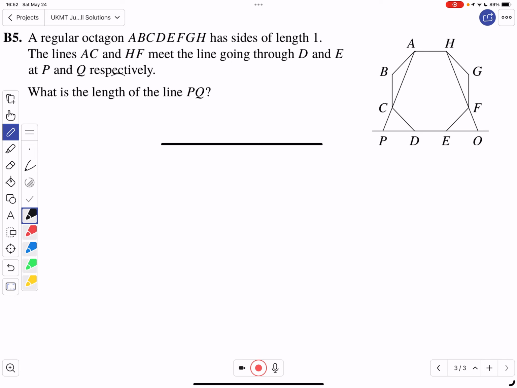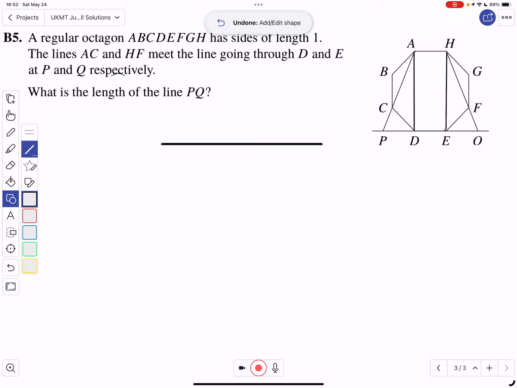Let's get started. I'm going to first construct some lines from A to D and also from H to E. I'm also going to construct lines from B to G, and also from C to F. Now, these are the lines I'm going to construct.